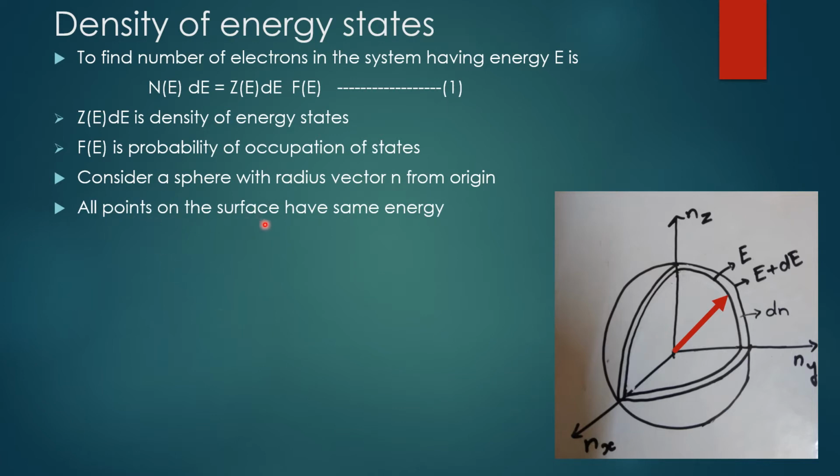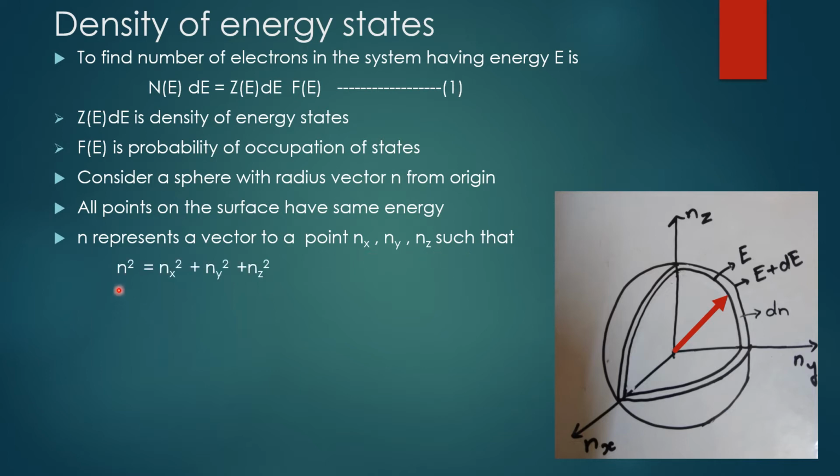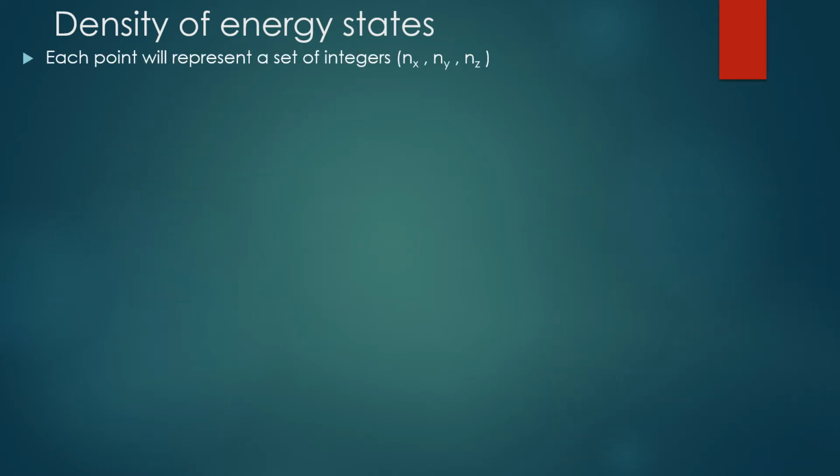All points on the surface have the same energy. n represents a vector to a point (nx, ny, nz) such that n² = nx² + ny² + nz², where nx, ny, nz are integer values of points enclosing the space. Each point will represent a set of integers nx, ny, nz.